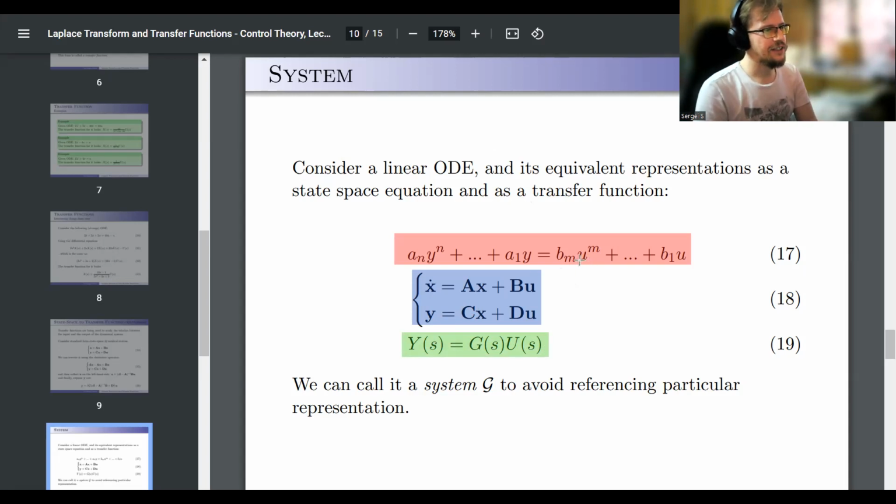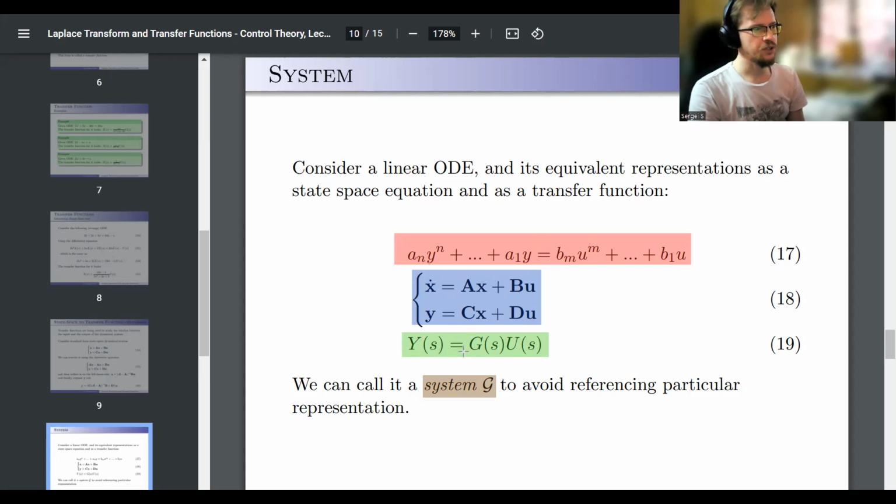Now, instead of calling the system an ODE or state space equation or transfer function, it is sometimes just more useful to call it a system. So sometimes we can use the word system. I just say it is a system G. I want to denote it somehow.